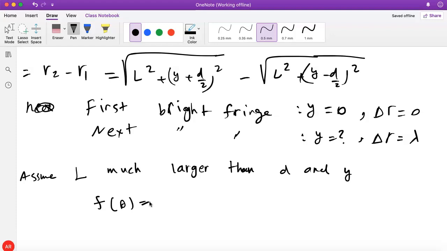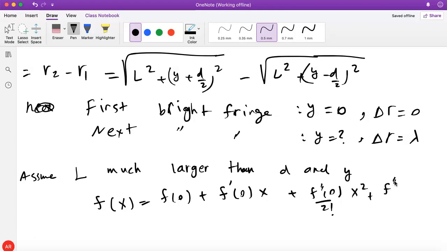It followed from f of x equals f of 0 plus the first derivative at 0 times x plus the second derivative at 0 over 2 factorial times x squared, plus the third derivative at 0 over 3 factorial times x cubed, etc.